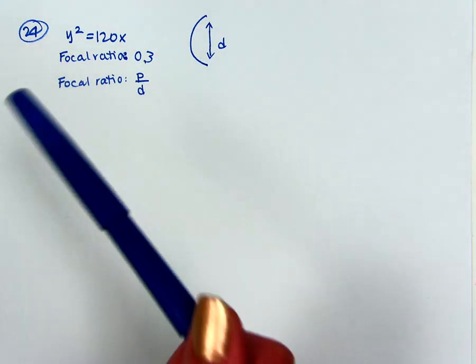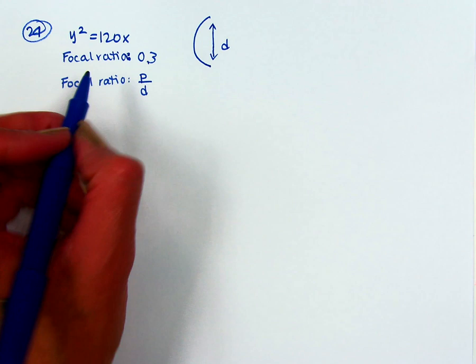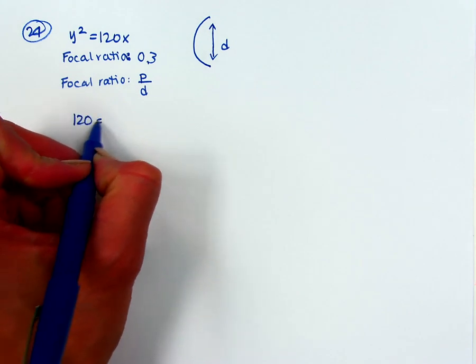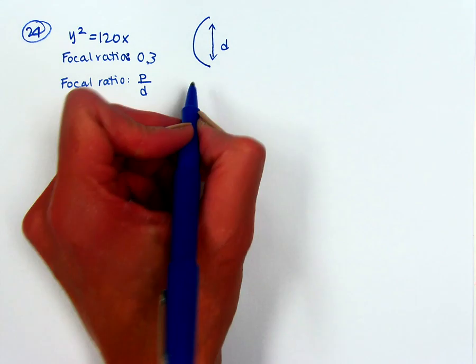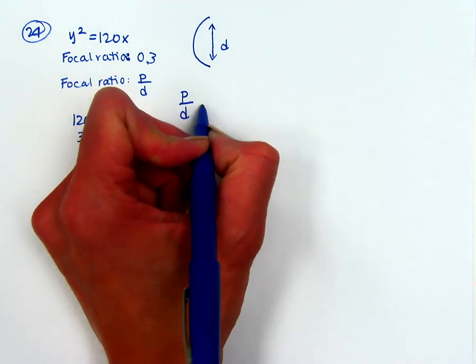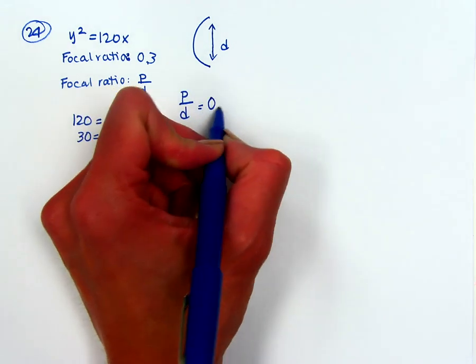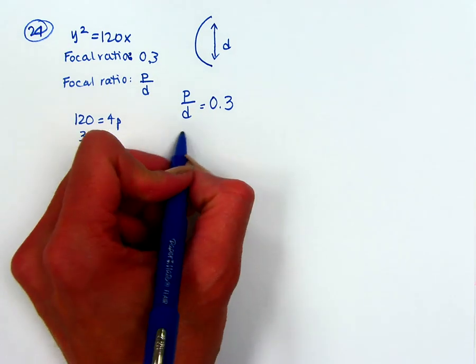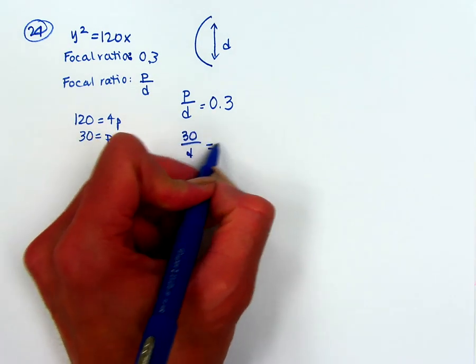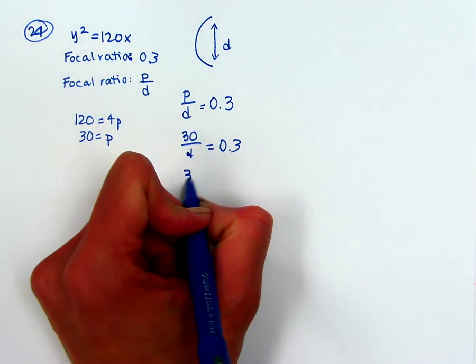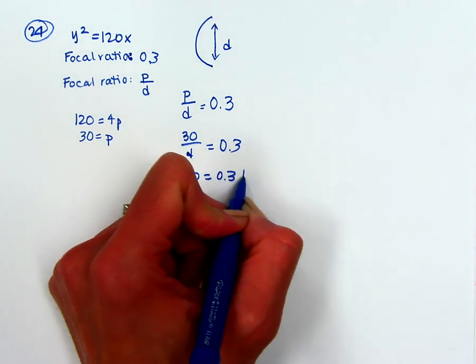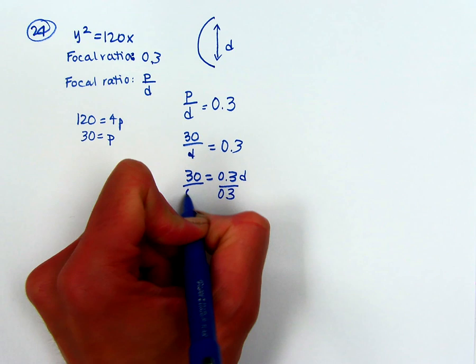All right, so how can we find P? From this equation, we know that 120 is equal to 4P. So P is therefore equal to 30. All right, so now I know that if the formula for focal ratio is P over D and the focal ratio is 0.3, I know that P is 30, I can find D. So multiply both sides by D, I get 30 equals 0.3D, and then divide by 0.3.